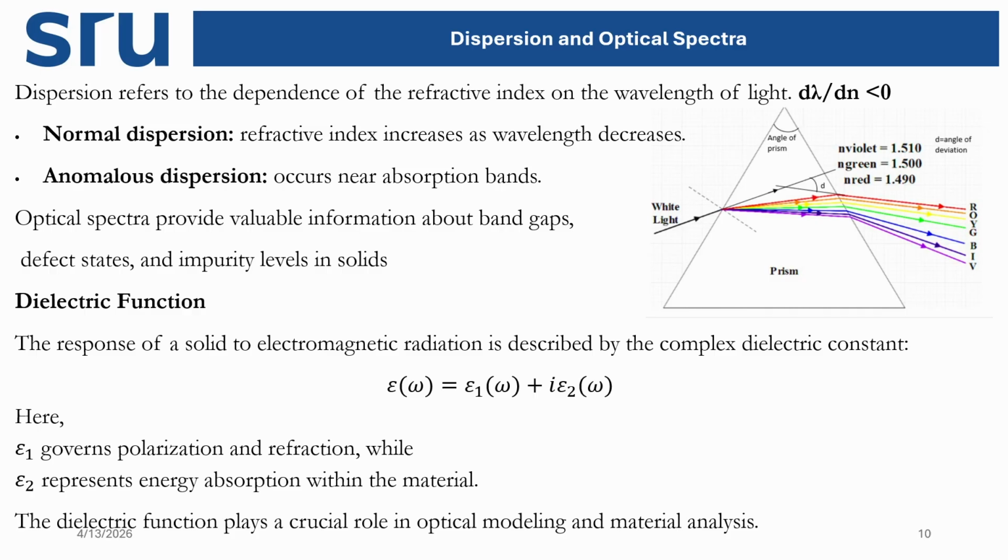Now we come to dispersion and optical spectra. What is dispersion? Let's say white light is coming through a prism, and outside the prism we get a rainbow of different waves. White light is a mixture of seven colors, seven wavelengths of light.